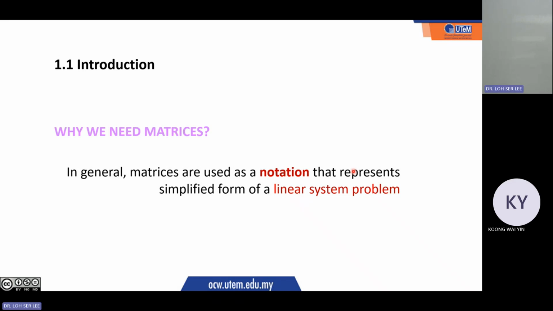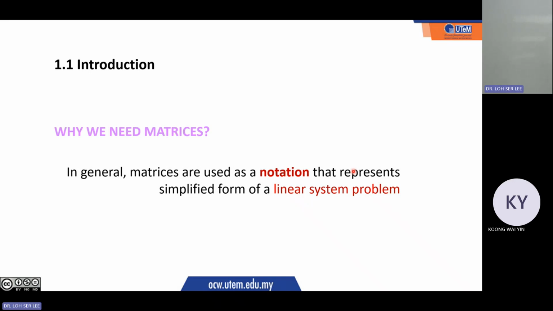Just like x + y + z = 1, and then 2x + y - z = 2. All these are linear equations because x is power of 1, y power of 1, z power of 1. But when you have 3 linear equations with 3 variables, x, y, z, you have a linear system.